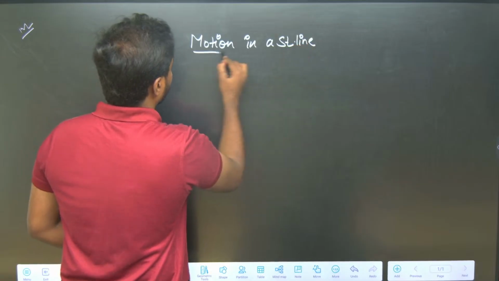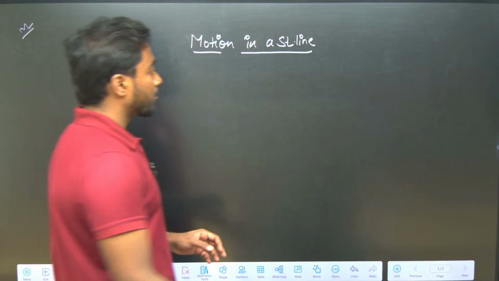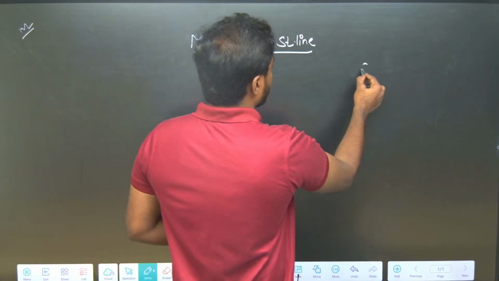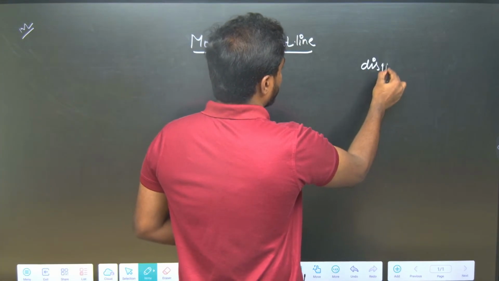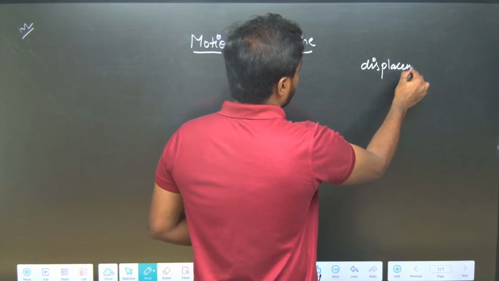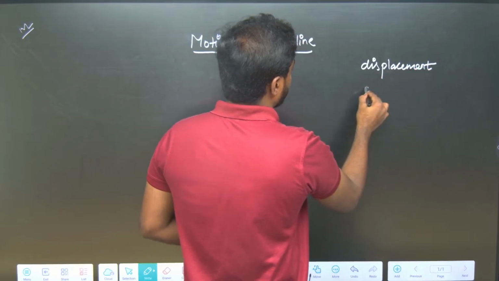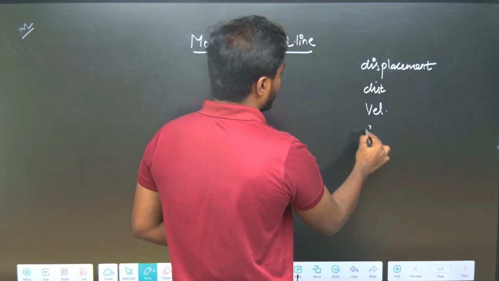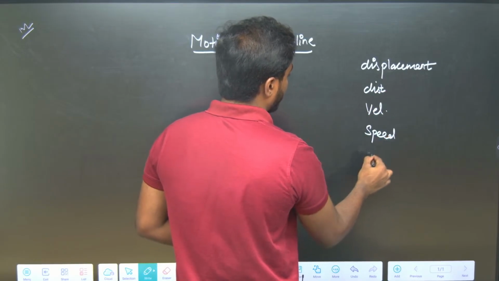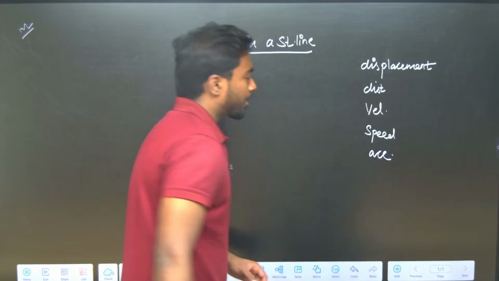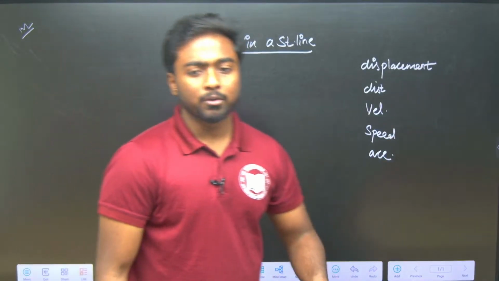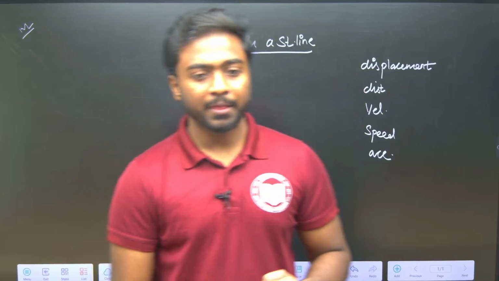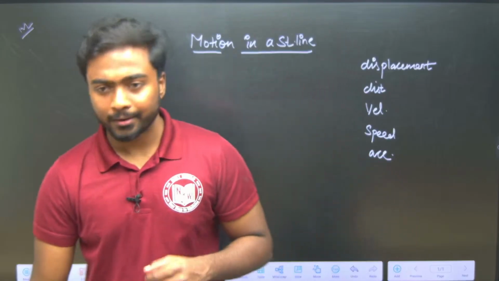So this was the topic. Under this topic we were discussing things like displacement, distance, velocity, speed, acceleration, right? And then we were discussing instantaneous acceleration and instantaneous velocity, right?